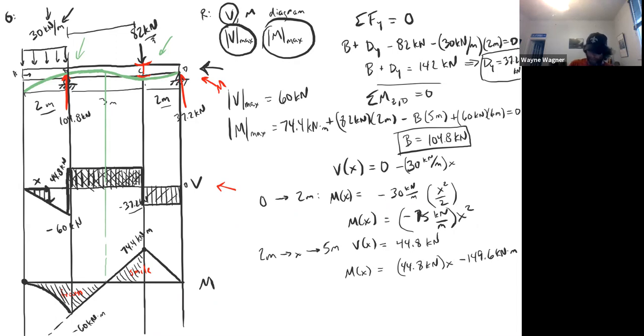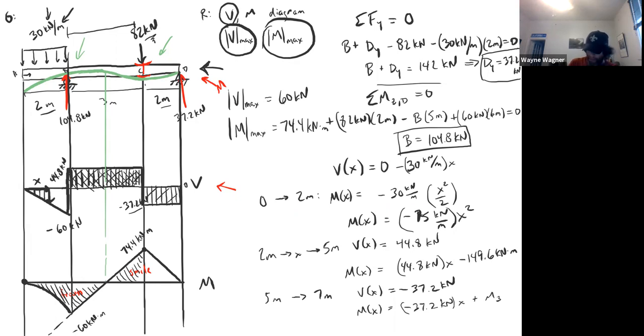We'll just do this right now, and then hopefully we can get one where it becomes a little bit more interesting. So we'll go 5 meters to 7 meters. Okay, V of x equals, looks like the whole time it's negative 37.2 kilonewtons. And then what's the moment of x? We have to integrate that, so it's negative 37.2 kilonewtons times x plus M3.